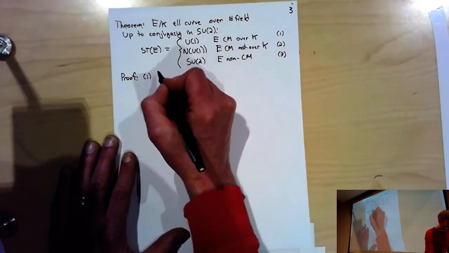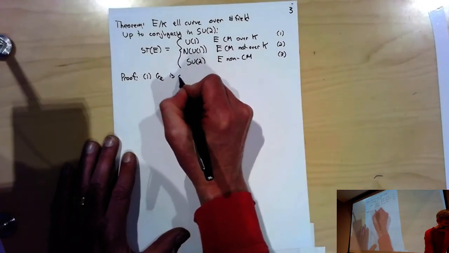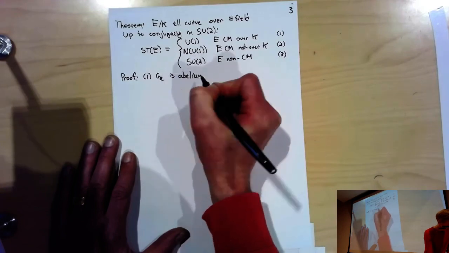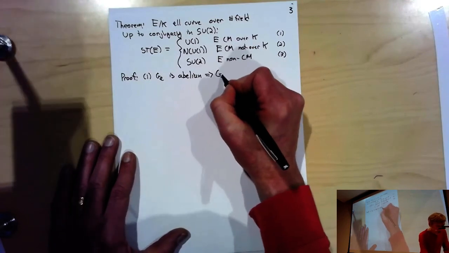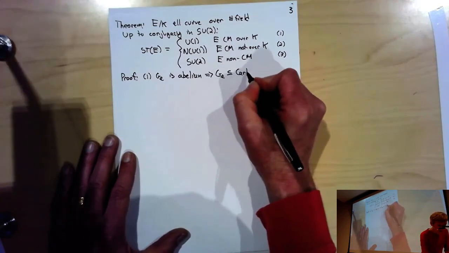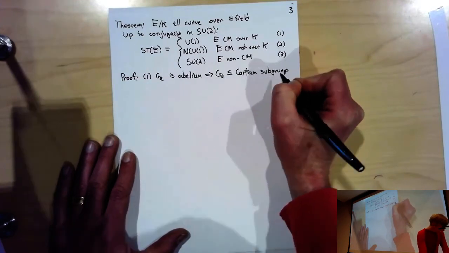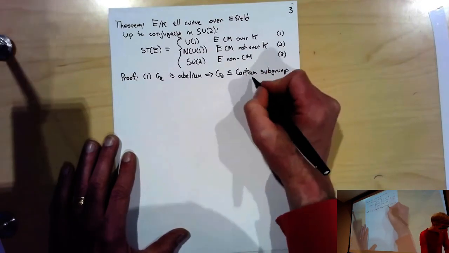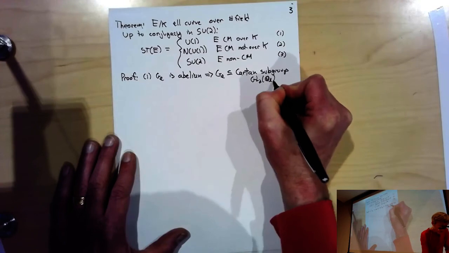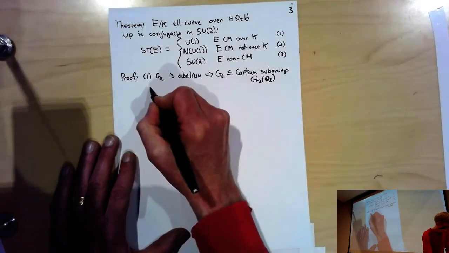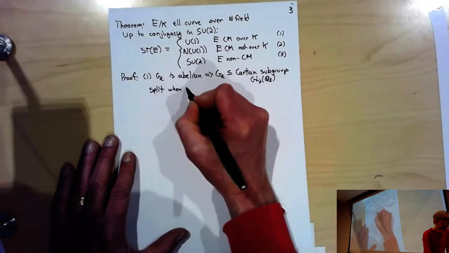In case 1, the image of the Galois representation is going to be an abelian group. This is a standard fact, which I provide references for in the notes. And this means that GL is going to be sitting inside some Cartan, a maximal abelian subgroup, inside GL2 QL. And this Cartan subgroup is going to split when we base change to C, if it didn't split already.